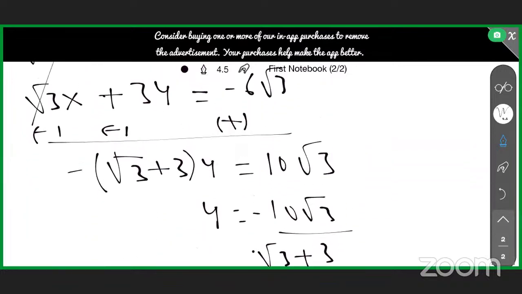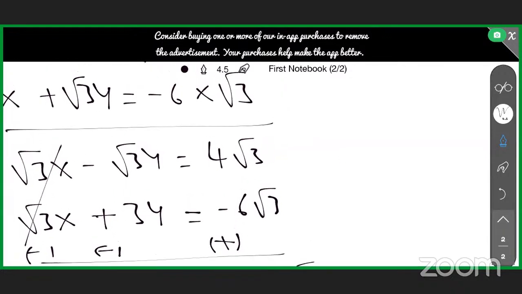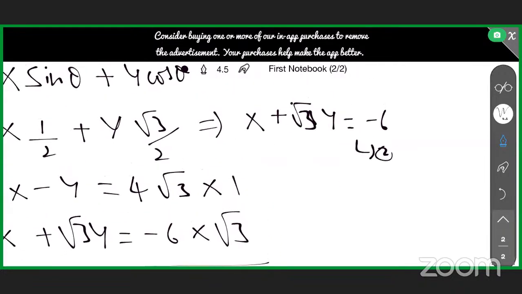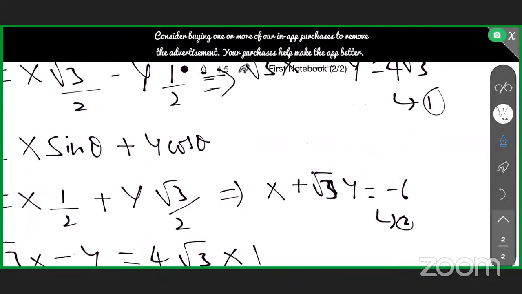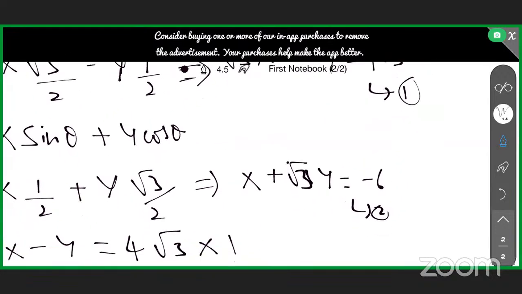I'll take the first equation. What is my first equation?